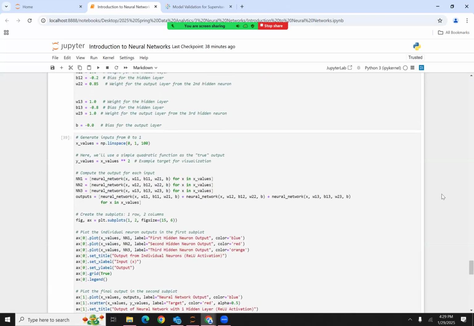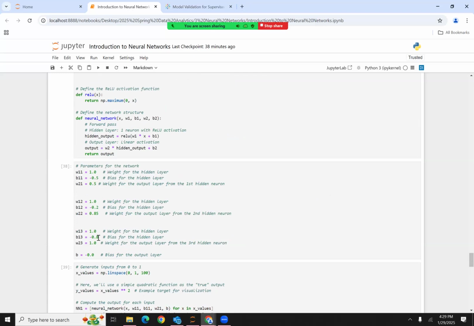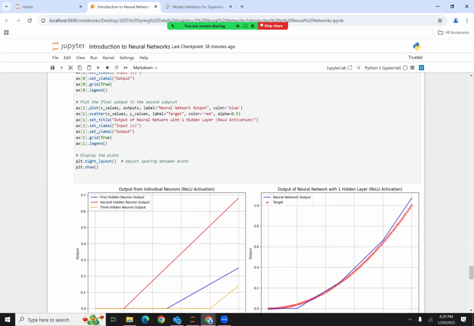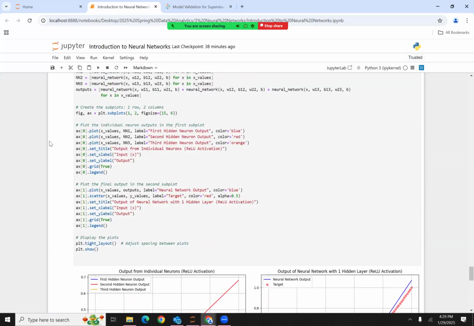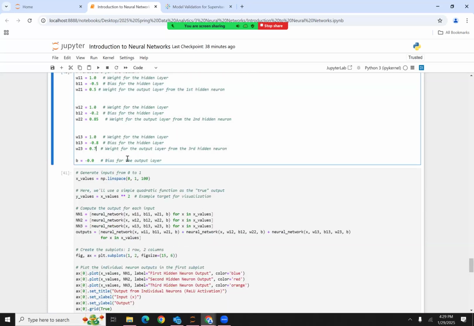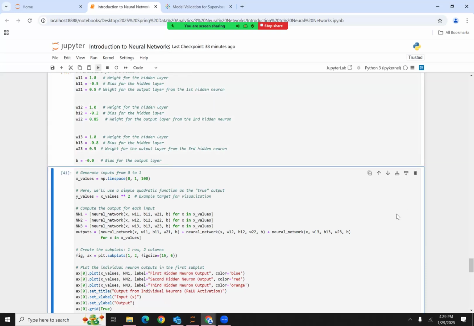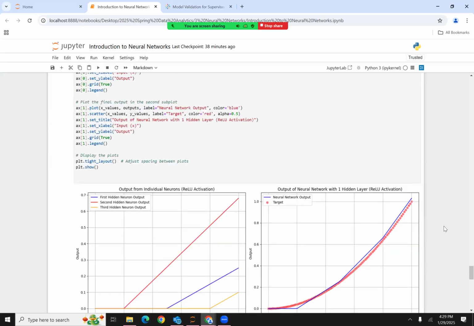So going to the third neuron, I'm going to reduce the weight a little bit. I'm going to make it maybe 0.7 and run this. And you can see that now I'm pretty close to what the data looks like. If I adjust the slope a little bit more, then I get a pretty good match to the data.